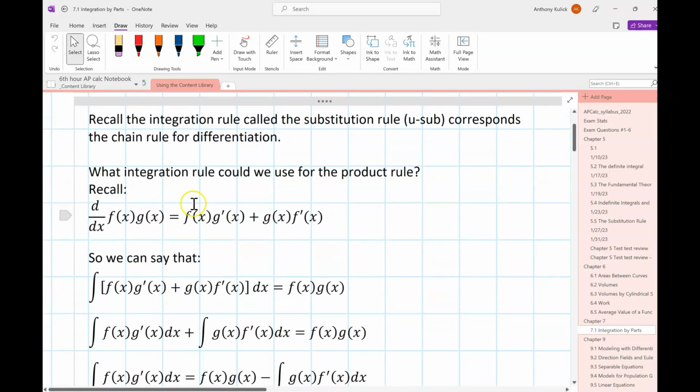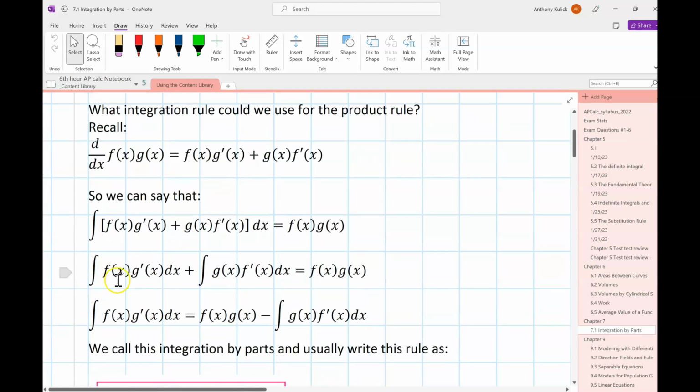So this is the idea, right? This is the product rule, right? So if I integrate both sides, this integral, which is just f of x times g of x, should equal the integral of that stuff, right? That looks scary, but it always looks scary, and then the guy online does it. And I can distribute the integral out, right?